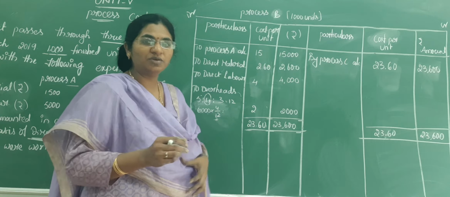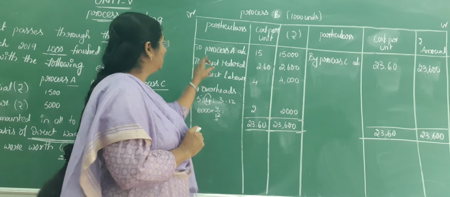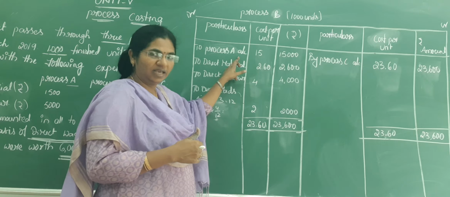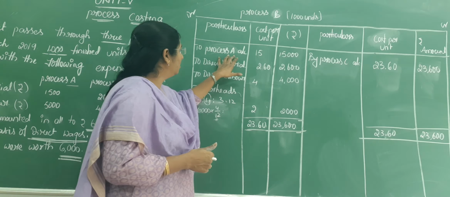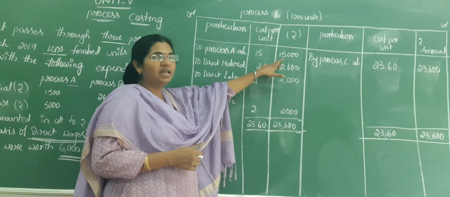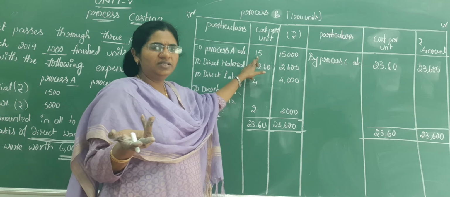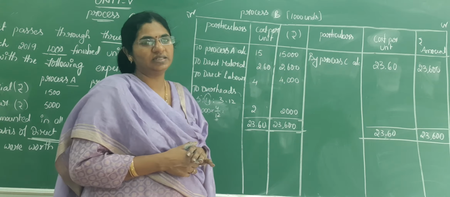The amount that we have written on the credit side of process A should be transferred to process B. So right here, to process A account, because we have transferred the amount from process A. Whichever amount is transferred from process A, we write here to process A account. Total amount is 15,000 and per unit cost is 15 rupees, because for 1,000 units, whatever amount is given, we need to write over there.